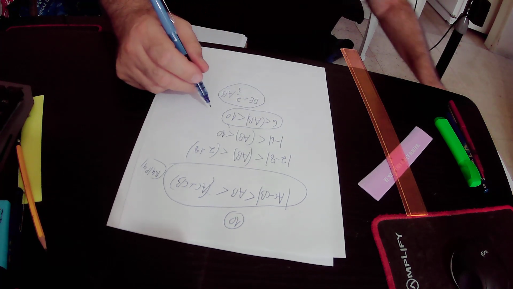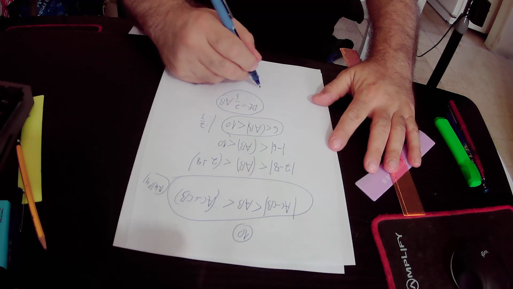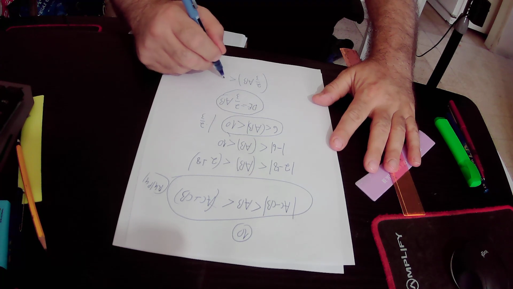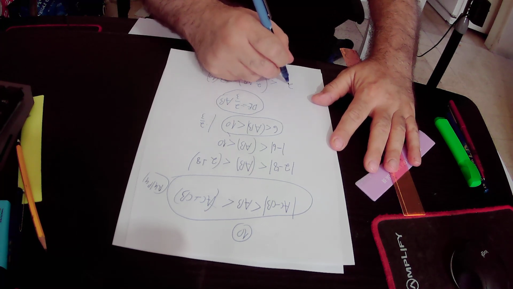We will multiply this inequality by 2/3, and we will get that 2/3 AB is smaller than 2/3 times 10, and it is greater than 2/3 times 6.